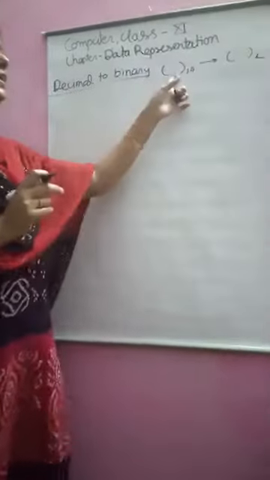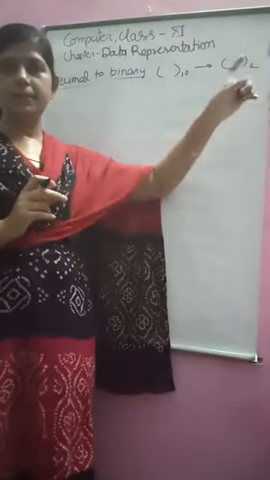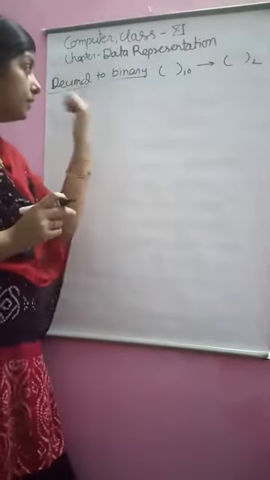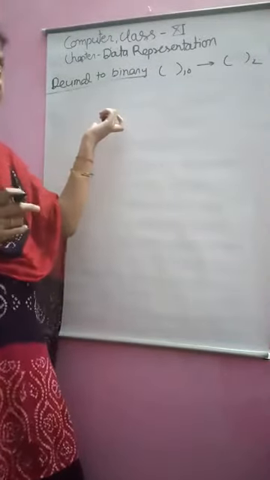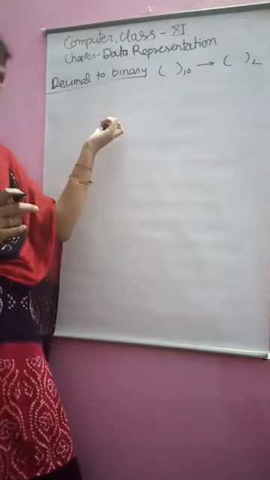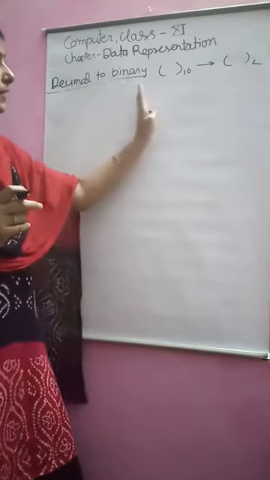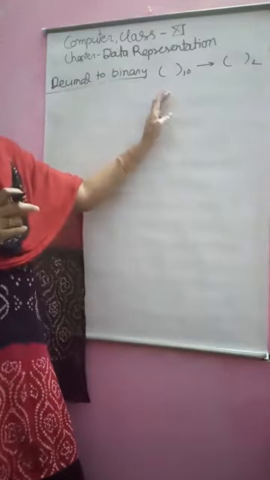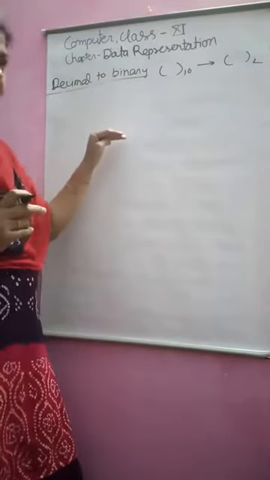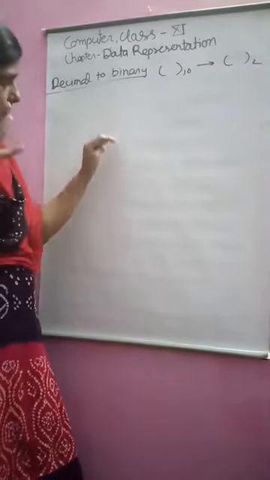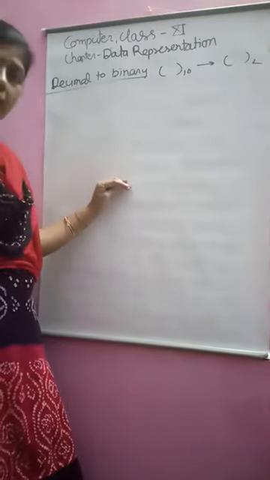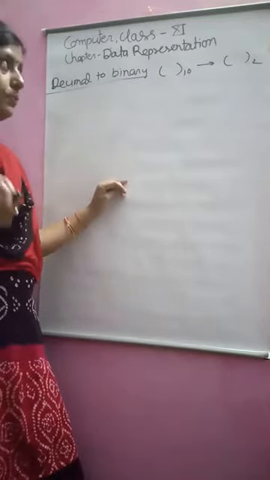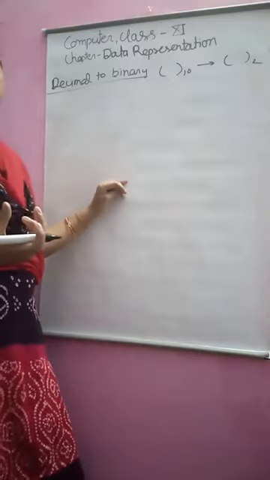To convert the decimal number to a binary number, divide it by 2 and keep the remainder. This repeated dividing goes on until you get the quotient 0.